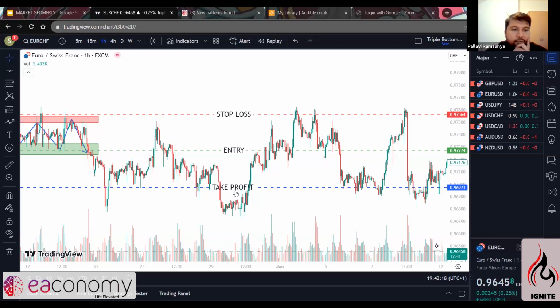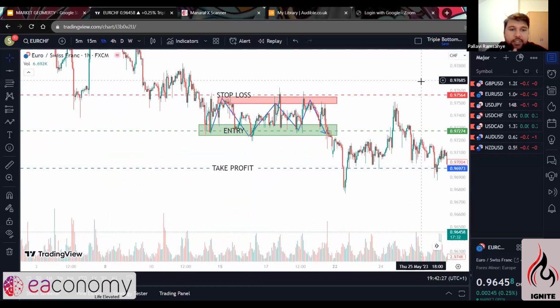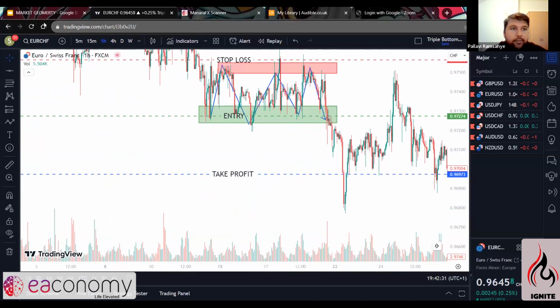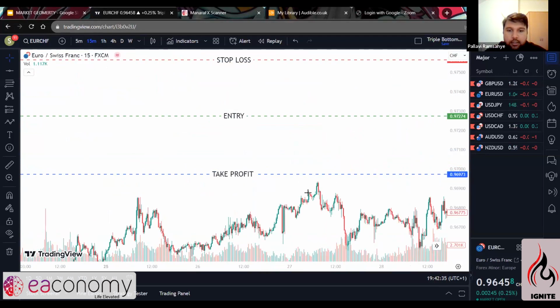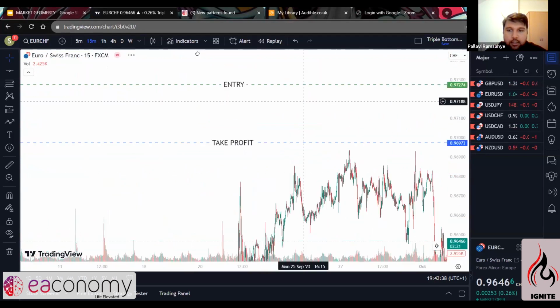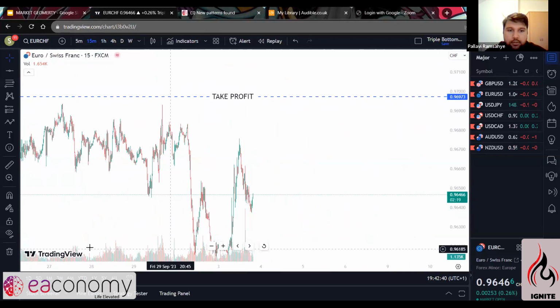Yeah, I can go through a different time frame, that's not a problem. So the difference between a support and resistance as well. Let me drop down to the 15 minute. So let's have a look.